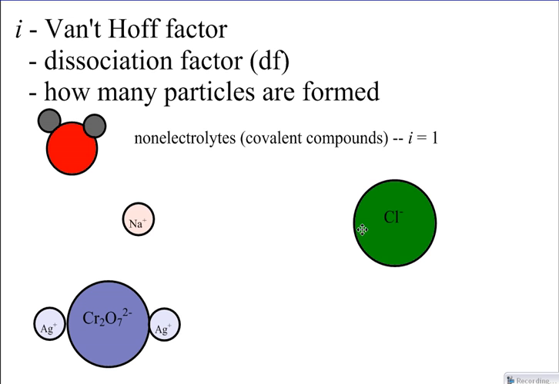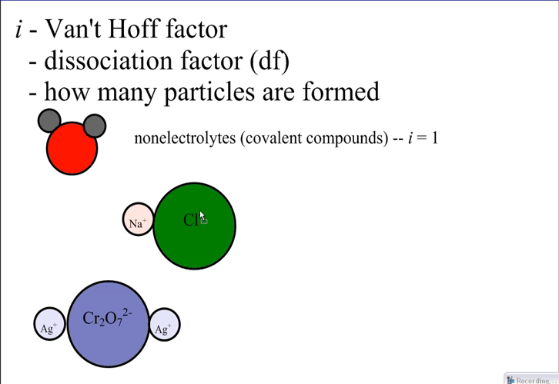So how many do we get for every formula unit that is dissolved? Because that's what the Van't Hoff factor is. It's how many particles you get when the formula unit is dissolved. Formula unit here is sodium and chlorine, so I end up with a Van't Hoff factor of 2.